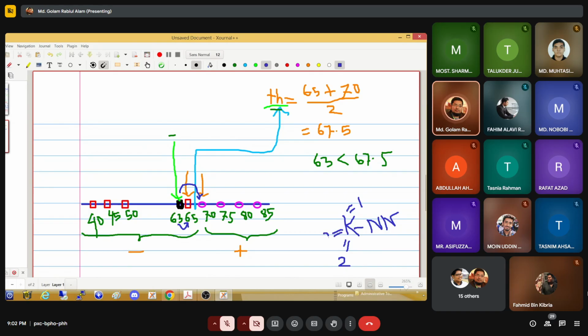Now think about K equals 3. If we try to find the next one, it will find this one. So 2 will be positive and 1 will be negative.